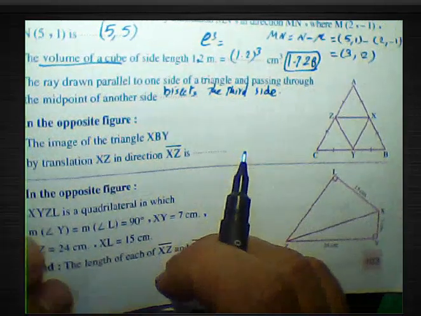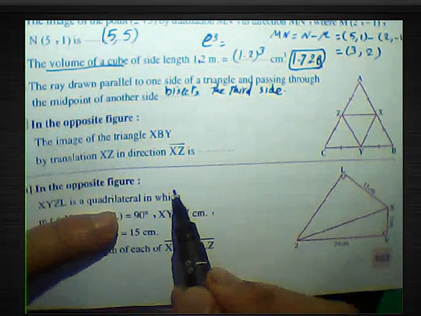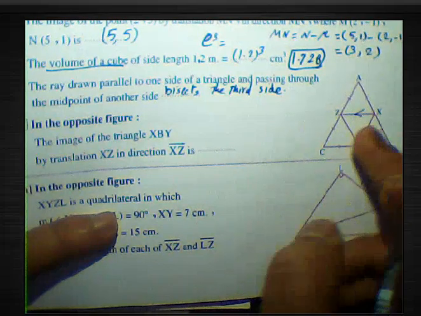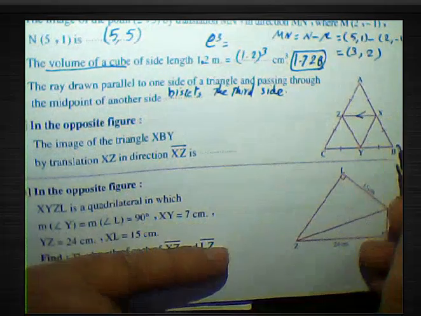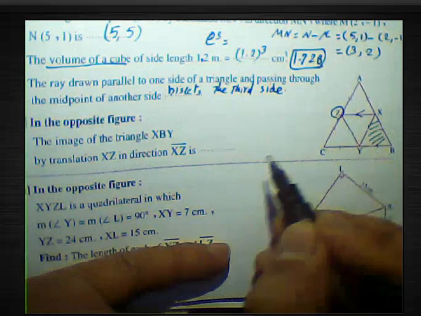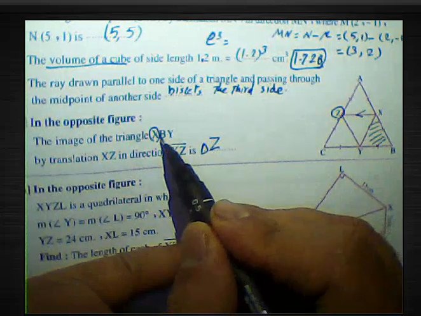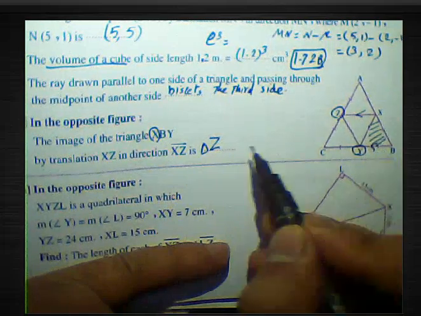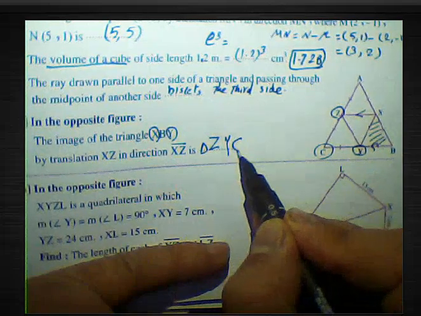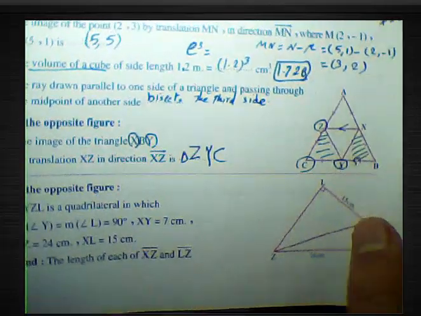In the opposite figure, the image of triangle XBY by translation XZ in direction XZ. Look at the direction of XZ. It will go to the left-hand side. This triangle XBY will be moving. X will be going to Z, and B will be going to Y, and Y will go to C. So the translation will be ZYC.